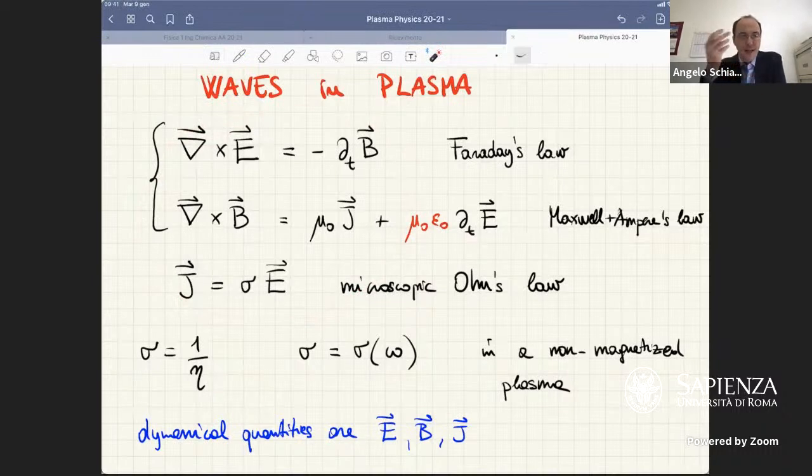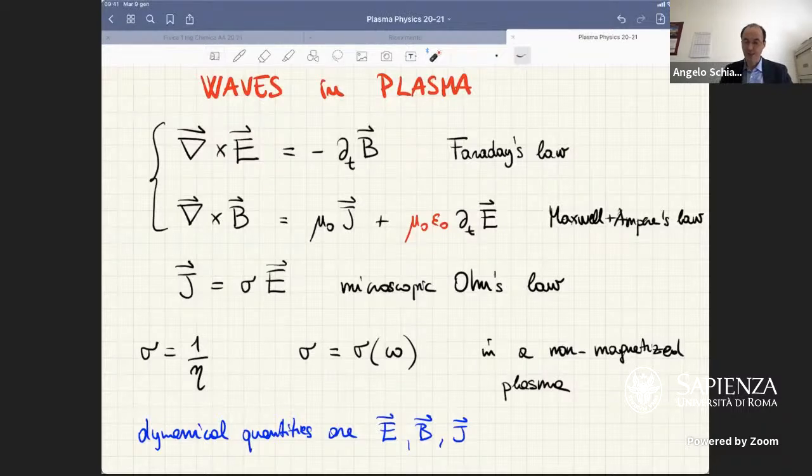The technique is to linearize this set of equations, so expanding each quantity, like the electric field, the magnetic field, and the current density, with respect to an equilibrium state, and then use the complex notation to transform this differential equation into algebraic equation, and then do the maths in order to finally get to the dispersion relation for these waves.